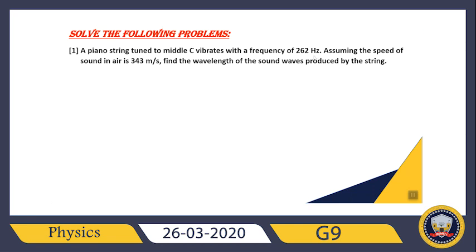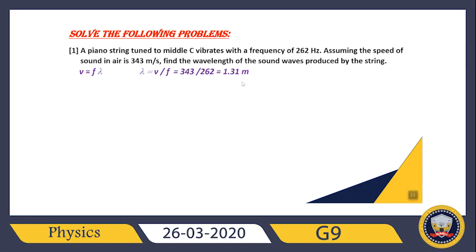We have the frequency f and the speed v, and we are going to calculate the wavelength λ. The equation says v equals f multiplied by λ, so λ equals v divided by f. So 343 divided by 262, the frequency, equals 1.31 meters. Here the wavelength is measured in meters.